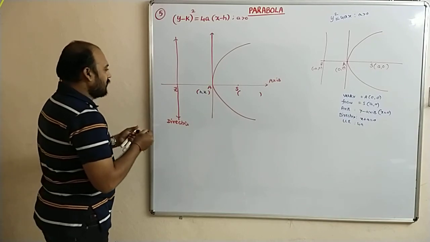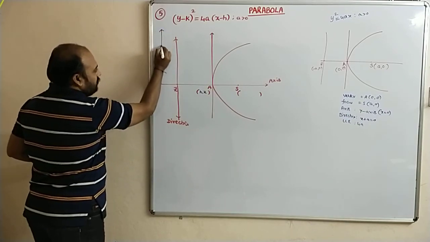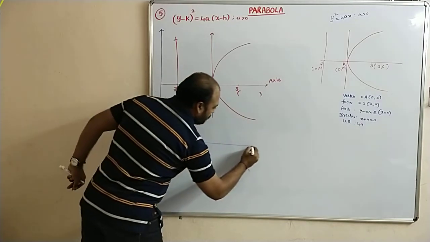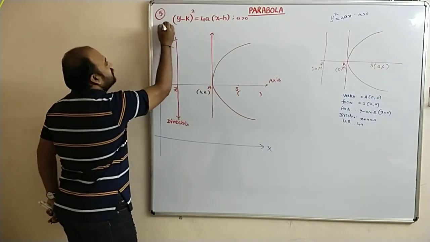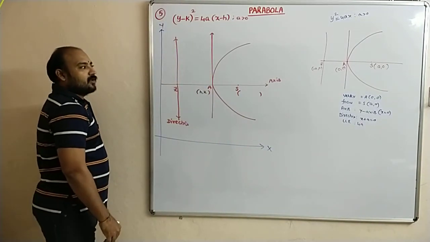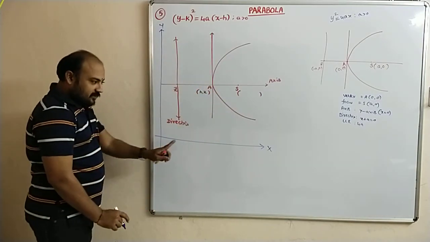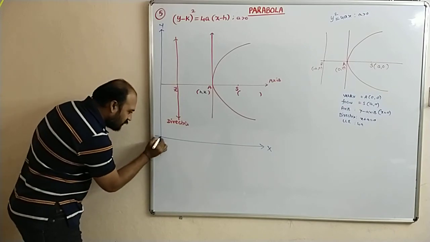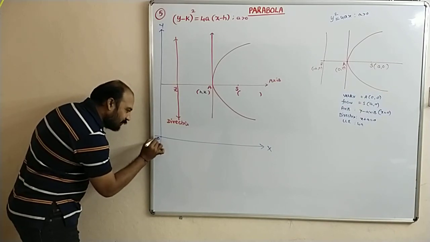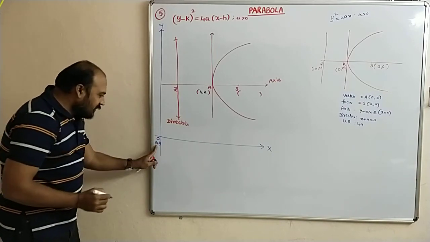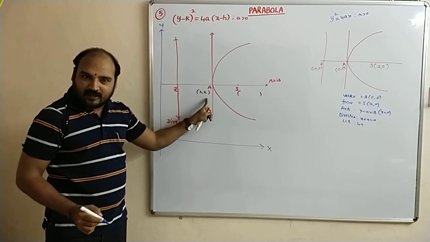Here we can draw the x-axis and y-axis. That is the reason I did not mention x and y here. This is the x-axis, y-axis, and here the position is the origin. The origin is shifted to the point h comma k.